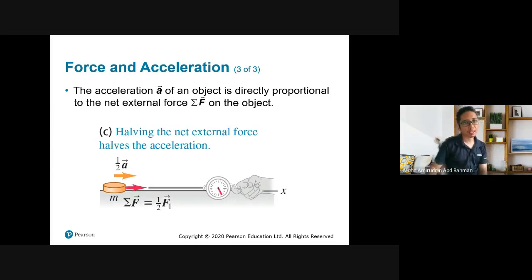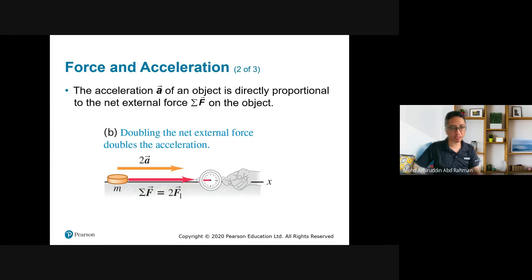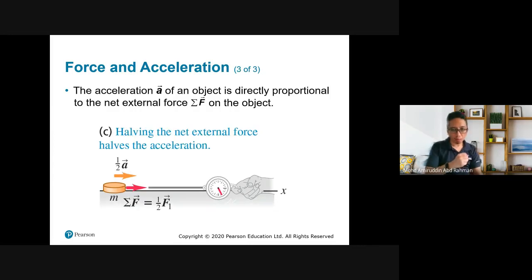But now you make it weaker. If you reduce it by half, it will be back to the original acceleration, and if you make it half again, it will be half of your original force. So that's the concept of acceleration and force.